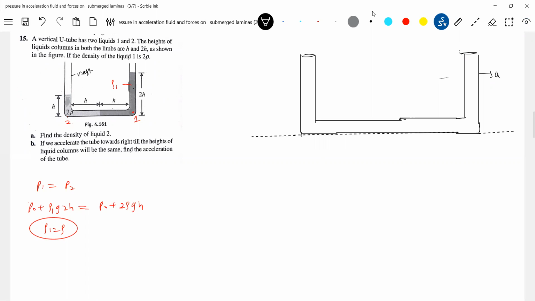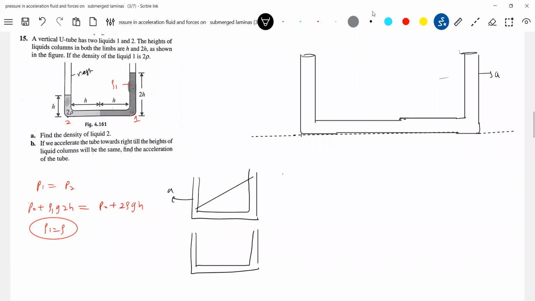So get into the basics of this. If I accelerate towards left, the free surface will take a shape like this here. Further, the level will increase, no? If I accelerate towards right, the possibility is like this, having more level, so it may come to the same level.